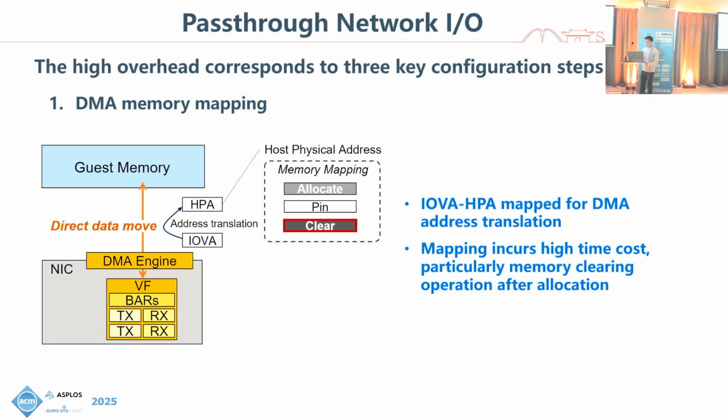Configuring the mapping from IOVA to HPA requires us to determine the physical page allocation for the micro virtual machine. And as we are in a multi-tenant cloud environment, those pages need to be cleaned of dirty data to ensure that the data from the previous user are not leaked to the next user. We found that this configuration process can cause high time overhead, particularly the page clearing, or page zeroing, operation.